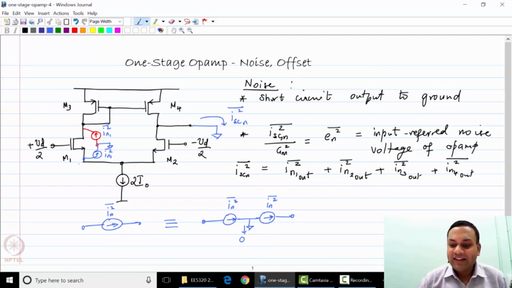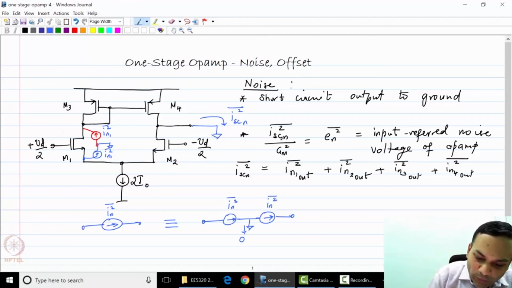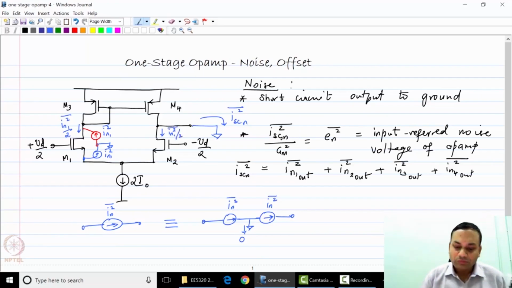On both sides the input impedance is 1 over GM, because you are looking into the source of the transistor, and therefore there is going to be a current through M1 of value IN1 squared over 2, and a current through M2 of value IN1 squared over 2.